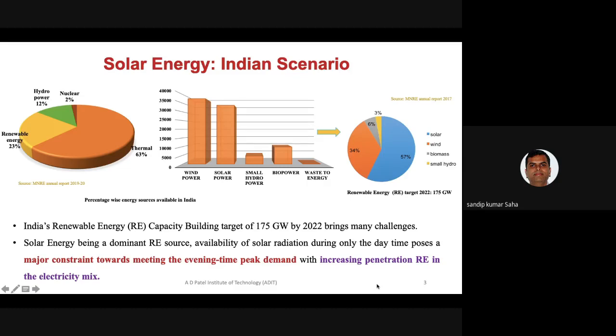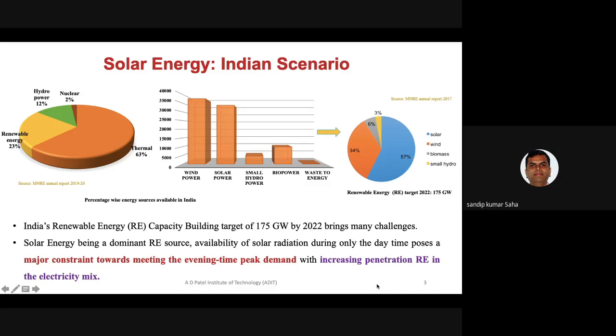Now the target here, something like in 2022, is that India will be increasing that share of renewable energy from 23% to 34%, whereas we are trying to reduce the thermal energies basically, or dependency on the fossil fuels to reduce this carbon emission.